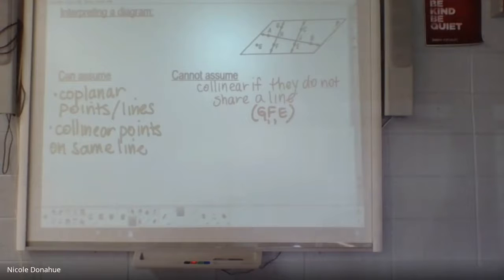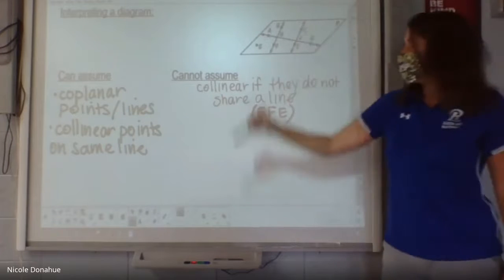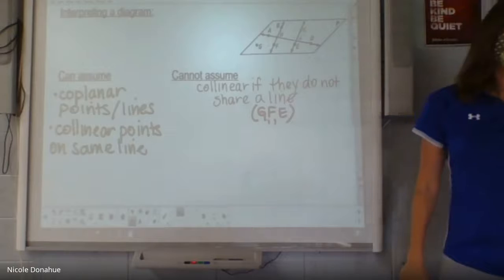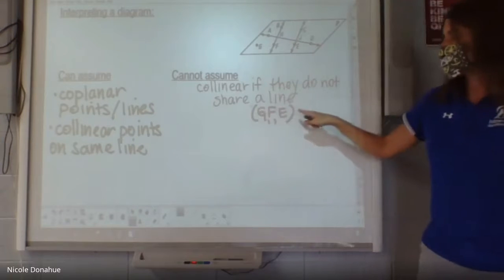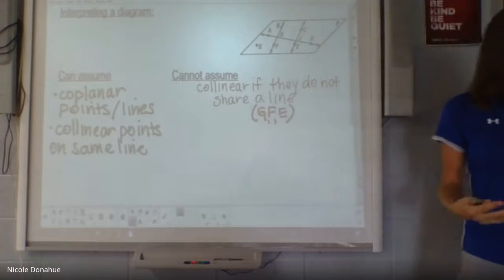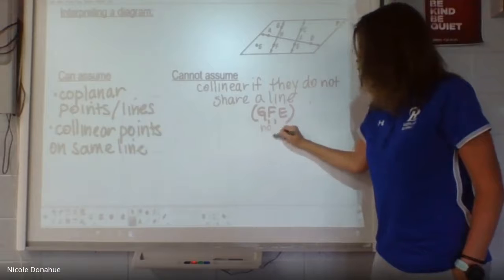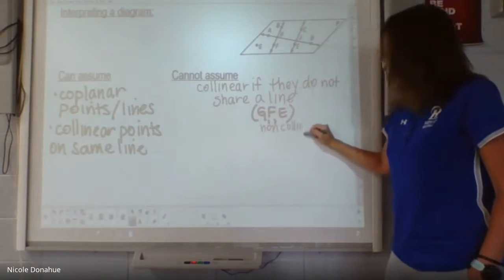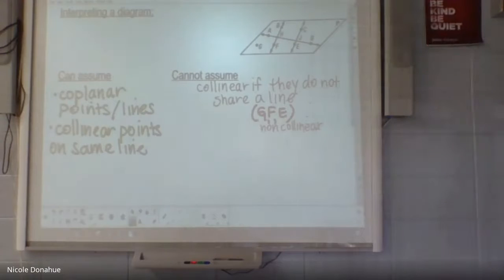They kind of look like they are, right? Doesn't it look like G, F, and E would be on the same line? You see where those are, kind of across the bottom? It kind of looks like if I drew a line through them, they should be collinear. We can't assume that. You cannot assume they're collinear if they don't share a line. So G, F, and E, I would not say that those are collinear. I'm going to write that under here, non-collinear. We have to have a line through them to show us that that works.